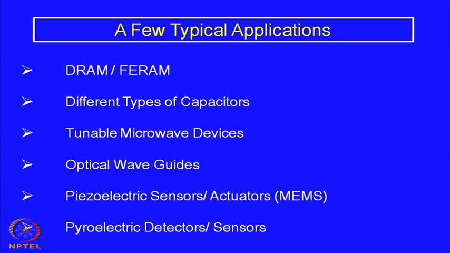So, taking all these properties into consideration, although the prime property is the dielectric constant, many other physical and chemical properties also have to be considered once you design a particular device for certain applications. We are not going into those details at this point of time.